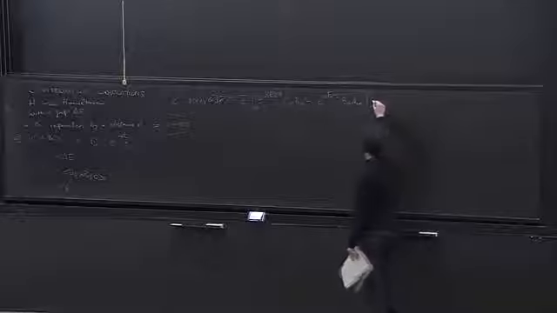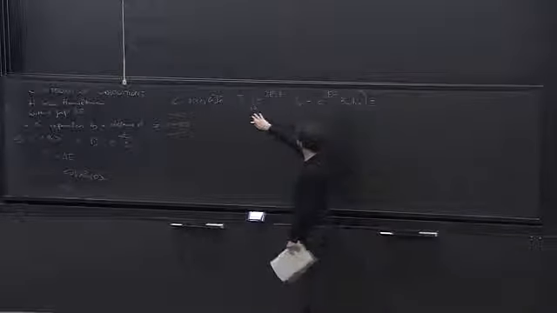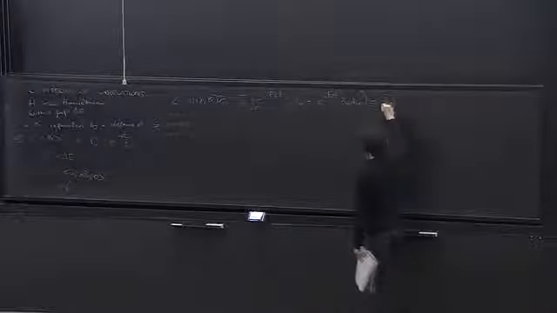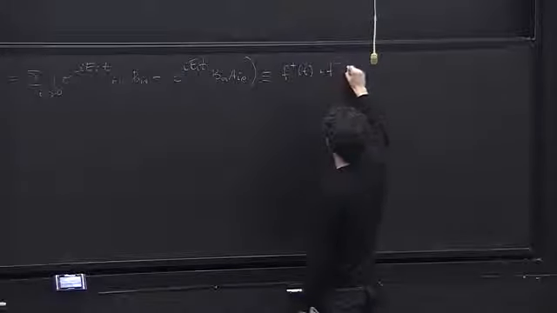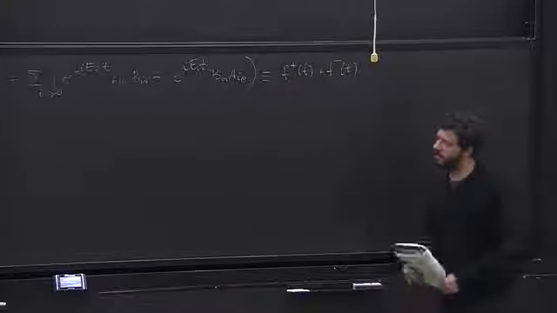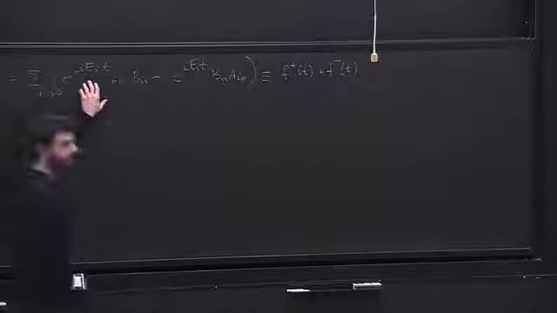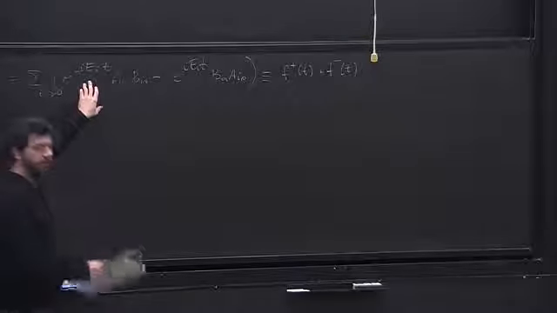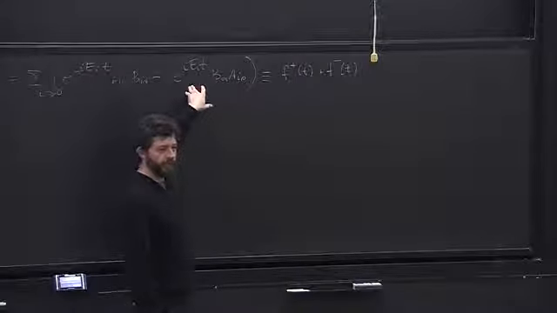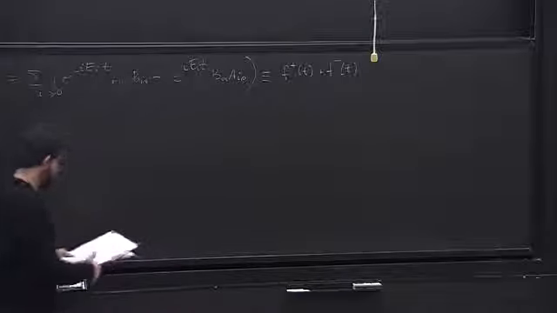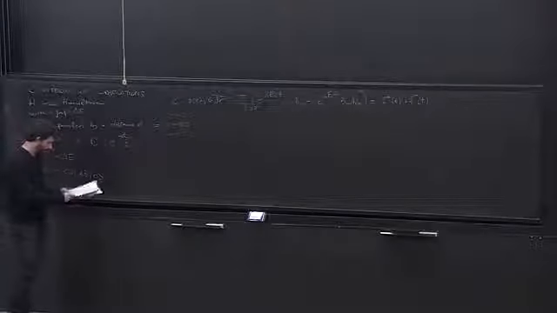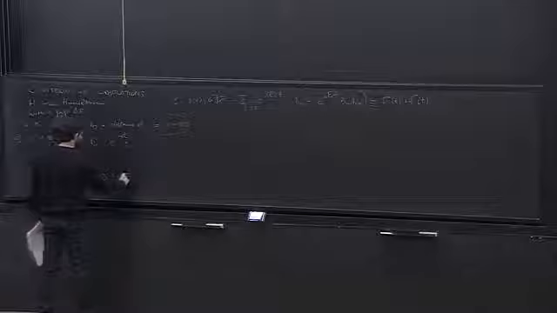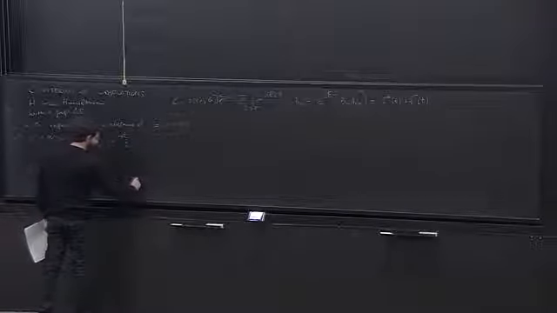And I define these two sums as f plus of t and f minus of t. You see, these are positive energies or positive frequencies, and these are negative energies or negative frequencies. Notice that the object that we want is equal to f plus evaluated in 0.